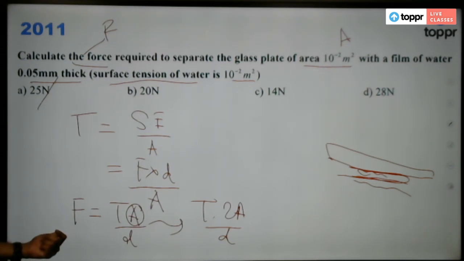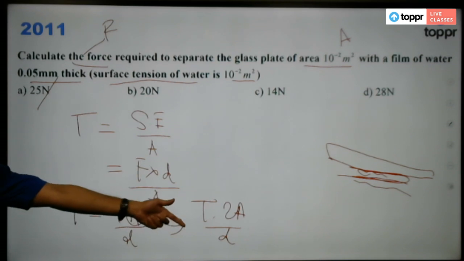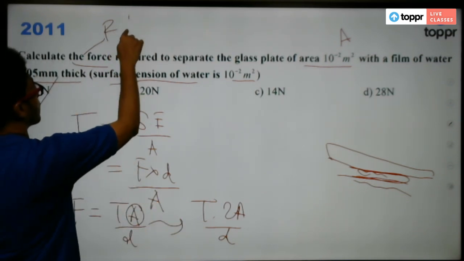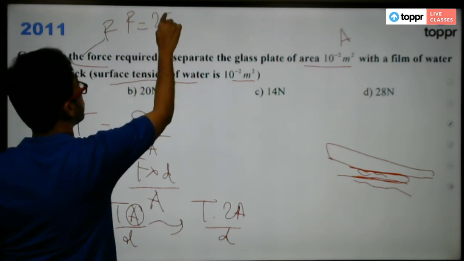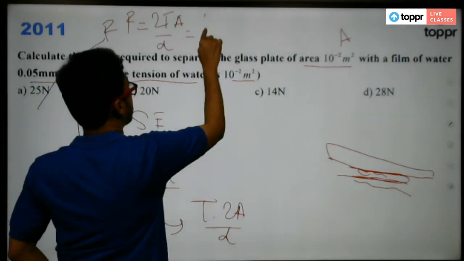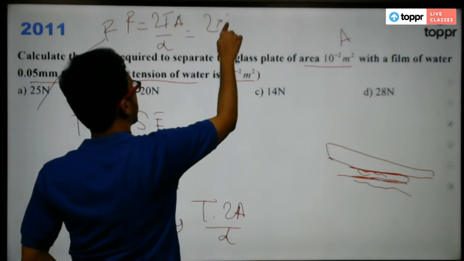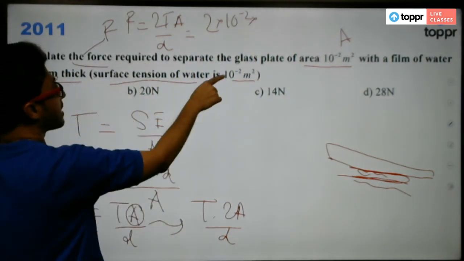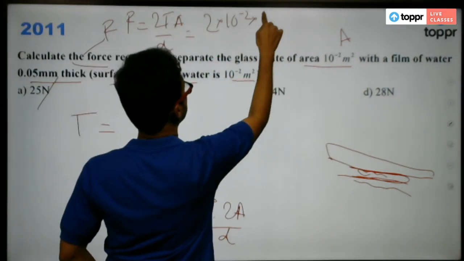And we have the values given. Surface tension is given by 10 to the power minus 2. I'm writing it once more again. F equals 2TA by D, which is 2 into 10 to the power minus 2, right? Area is given 10 to the power minus 2.